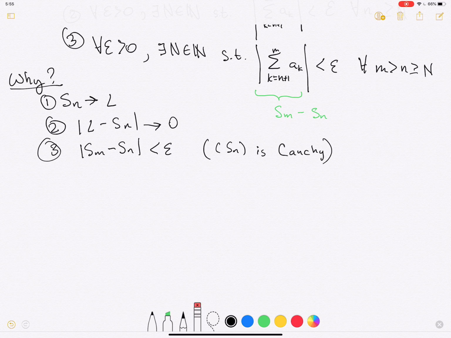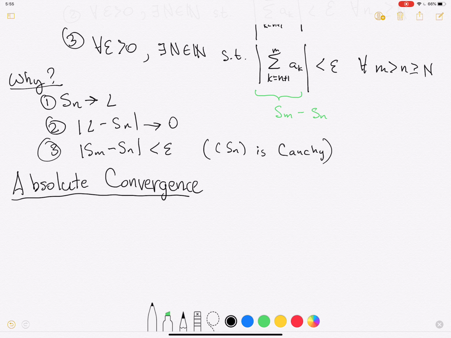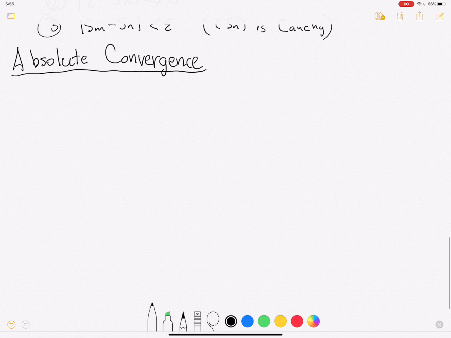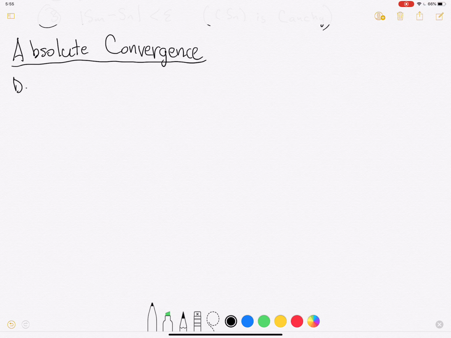Now let's talk about absolute convergence. It's related to convergence, but it has a little twist to it. As you can maybe tell, there's going to be absolute value signs.